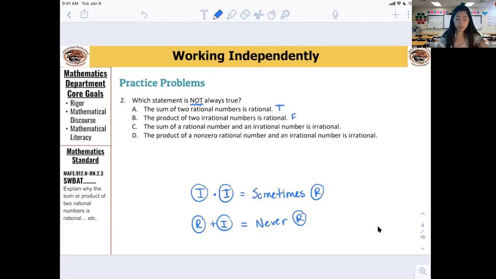So if it's never rational, that means that it's always irrational. So that is true. That is a true statement.